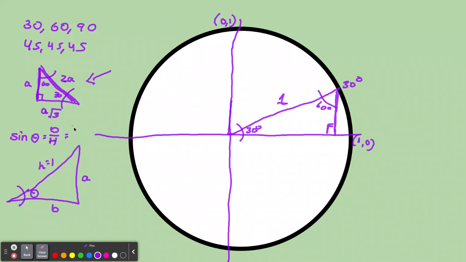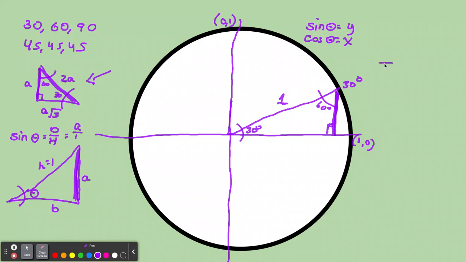So the sine would be A over 1. You notice that A is vertical, going up and down. That's the y length. Therefore, sine theta is always the y coordinate, and cosine theta is the x coordinate. I went over this in previous videos.